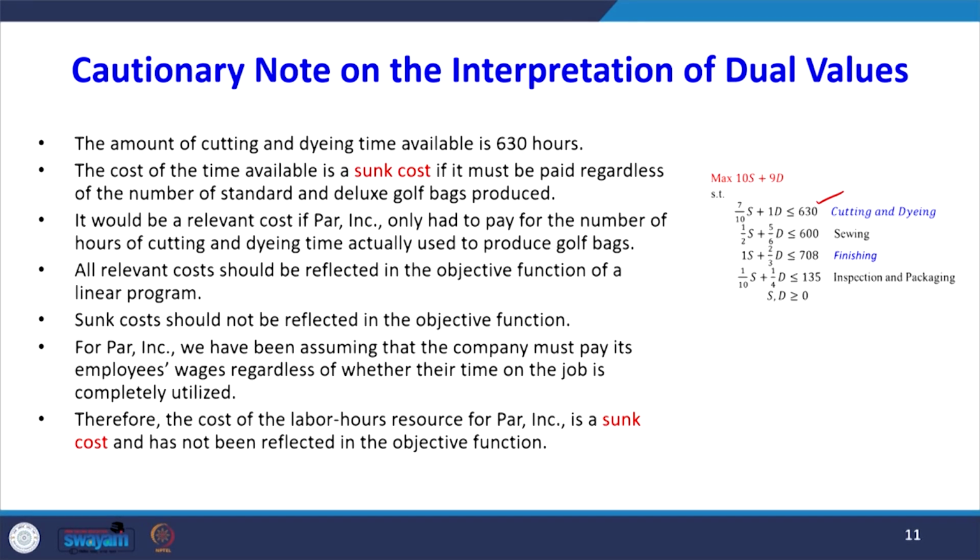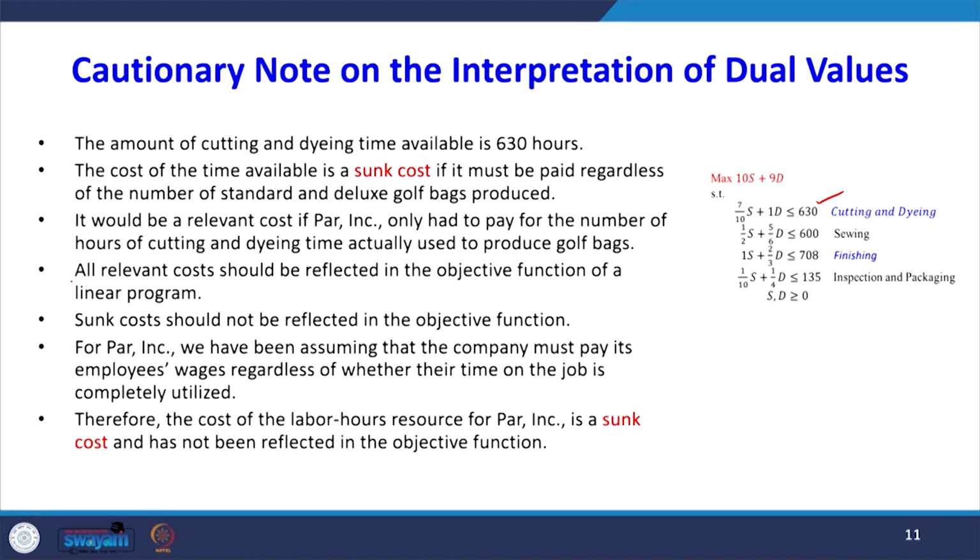So that money which you are spending for them becomes a relevant cost. Assume that it is a permanent employee: whether he produces 630 or 640, the salary is fixed, and that cost is a sunk cost. So the point which I am trying to say here is that the interpretation of dual value is applicable only for the relevant cost.